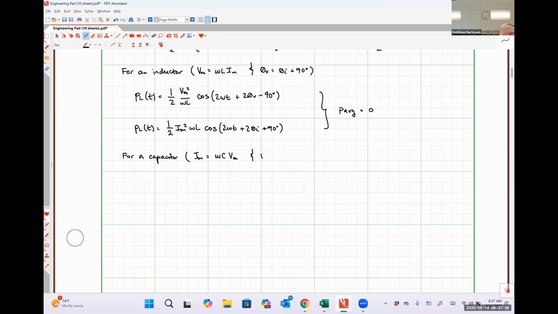And then we'll have theta I is equal to theta V plus 90 degrees.